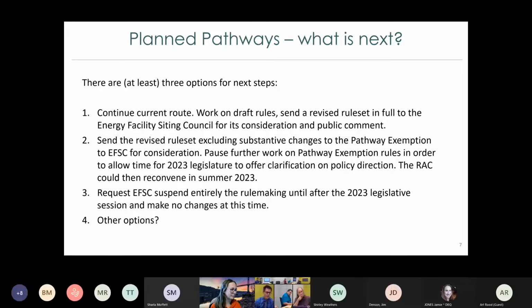Okay, any other thoughts from members of the RAC? We have some members of the RAC who haven't spoken up. I want to make sure everybody has the opportunity and the chance to speak up on any of the topics here or anything else we haven't talked about. If there's anybody who hasn't said anything, please dive in.